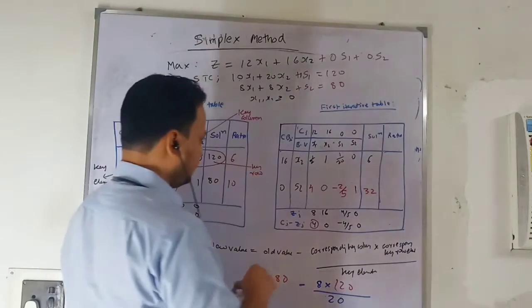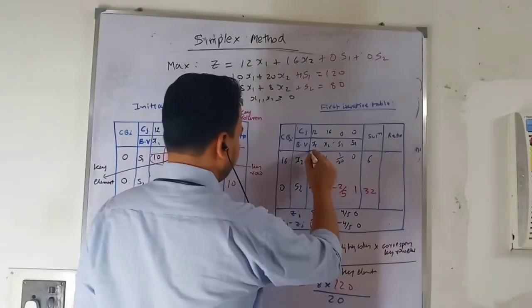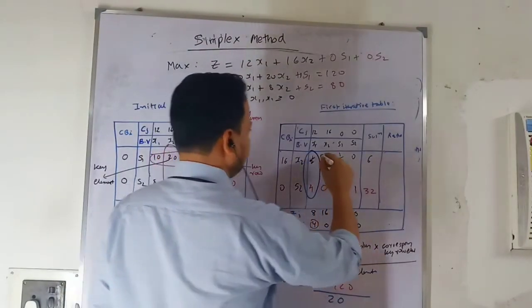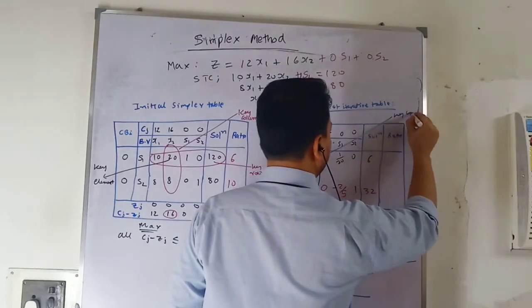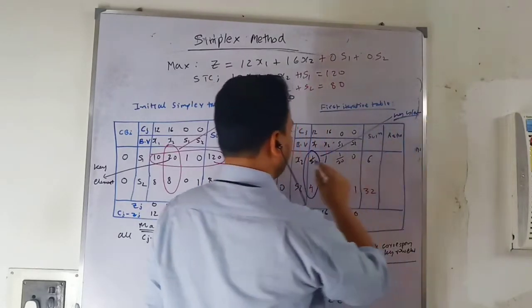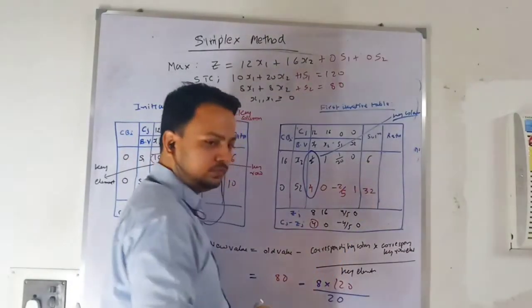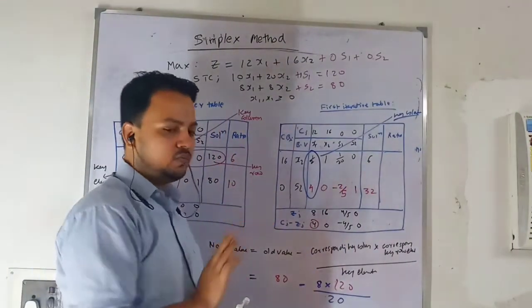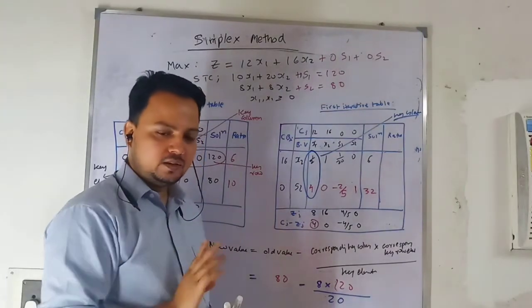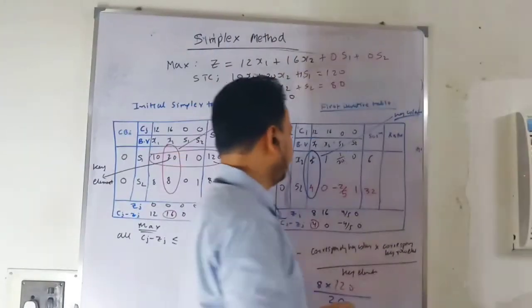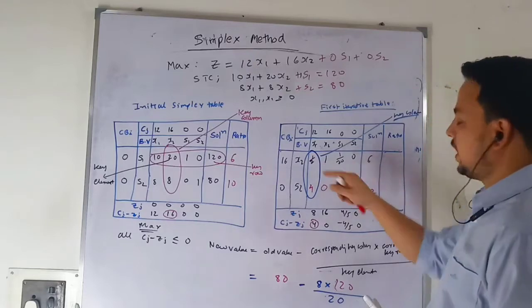So this is my key column. I will use the key column in order to find the ratio. Where the ratio is less, that will be my key row. Let's find that. 6 divided by 1 by 2.